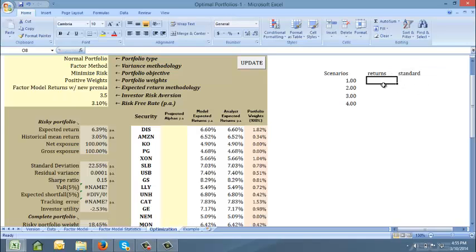So for this, we got 6.39 with a standard deviation of 22.55.